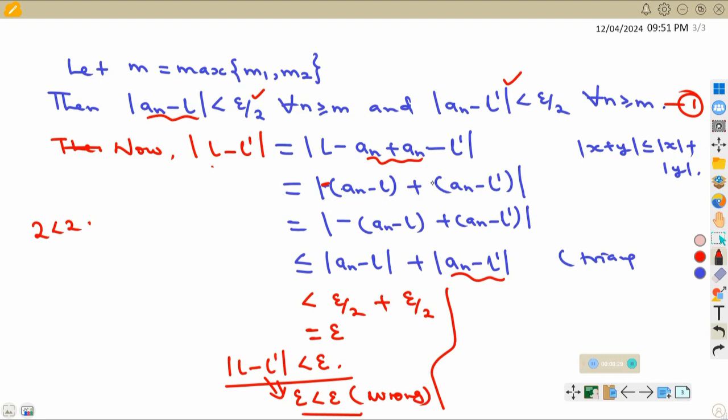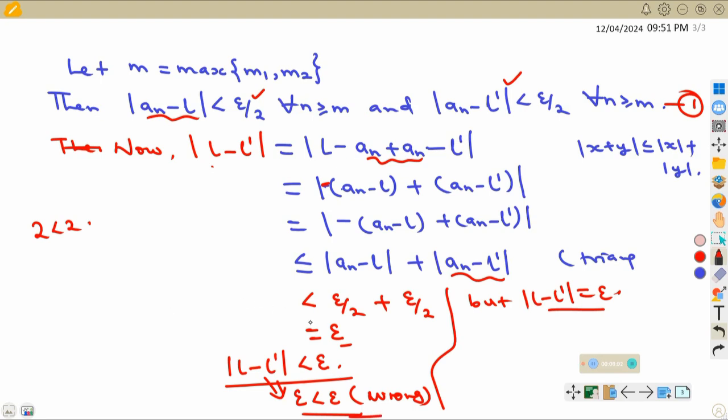Looking at what we have here, when you open the brackets, you will come up with the same expression. Having substituted epsilon over 2, we get epsilon. Clearly, we get this expression less than epsilon. But initially we had let the magnitude of L minus L prime be equal to epsilon, meaning that epsilon is less than epsilon, which is not true.